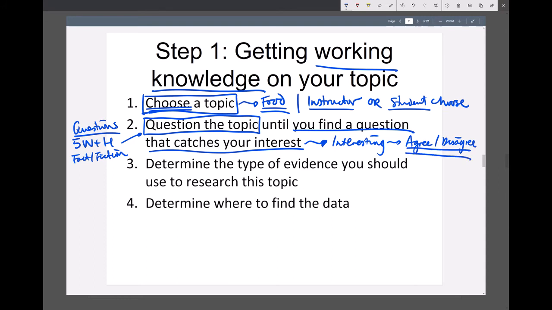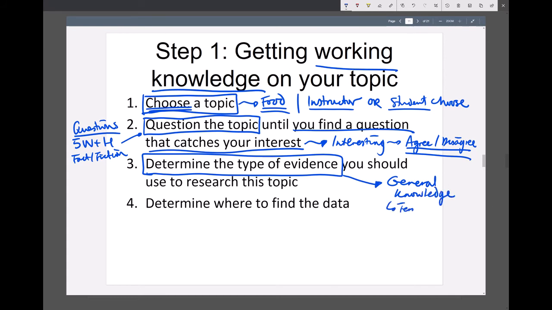Next, determine the type of evidence you should use to research the topic. There are 2 types of evidence you should use. Remember, there's general knowledge. It's like the longer article with terms and definitions and concepts and models of ways how things work.